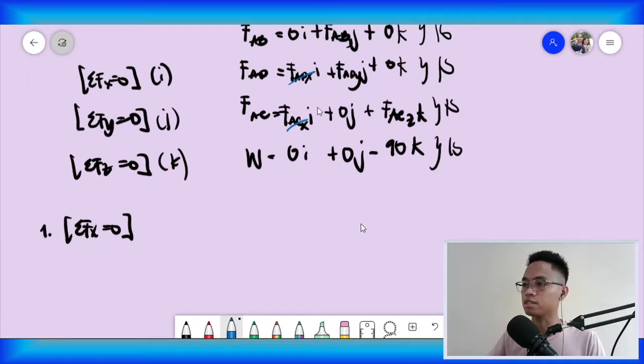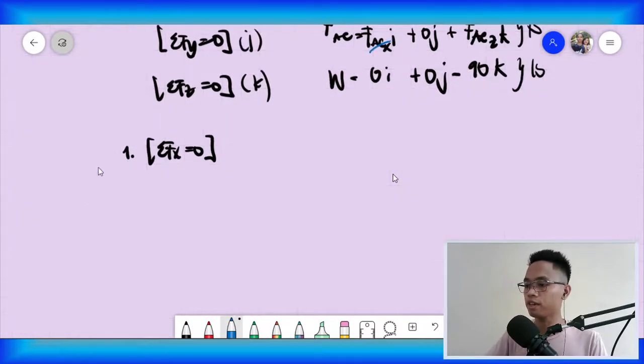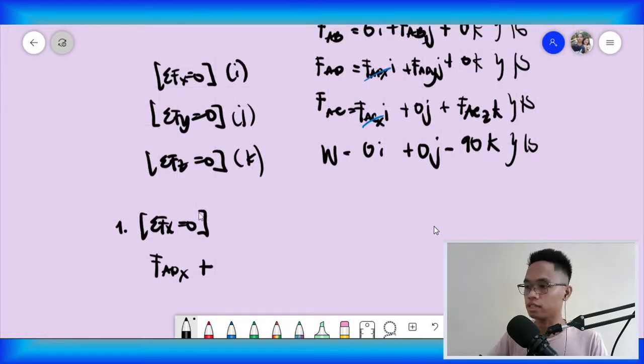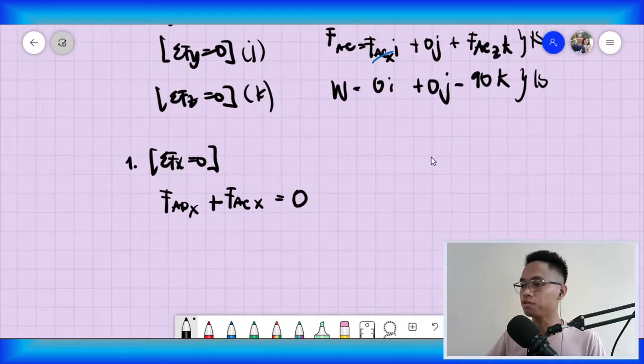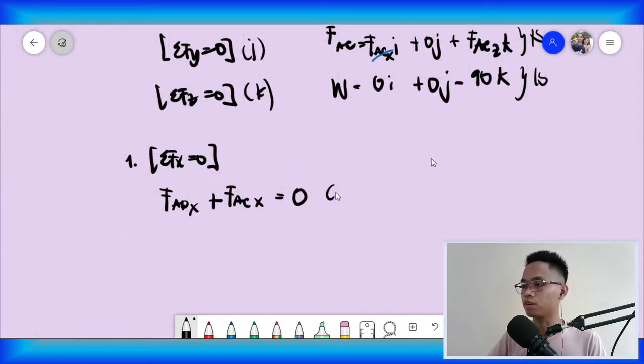So therefore, your FADX plus isa pa AC, that's FACX, wala na, diba? So that would be summation is equal to 0. So therefore, this would be our equation number 1.